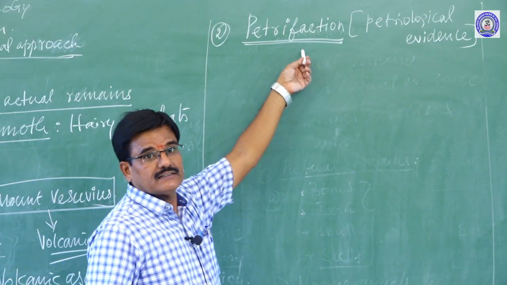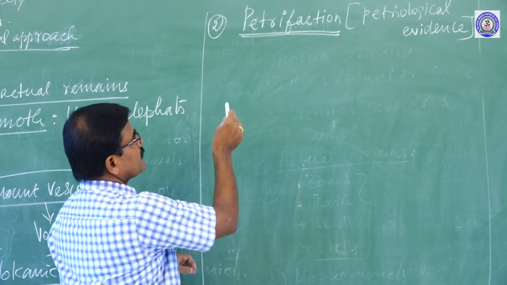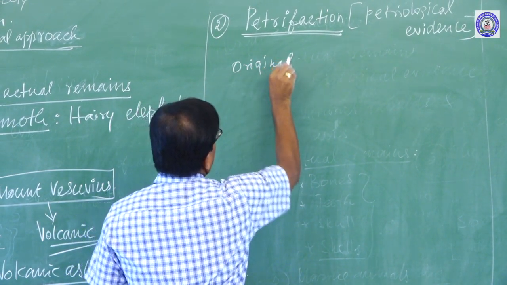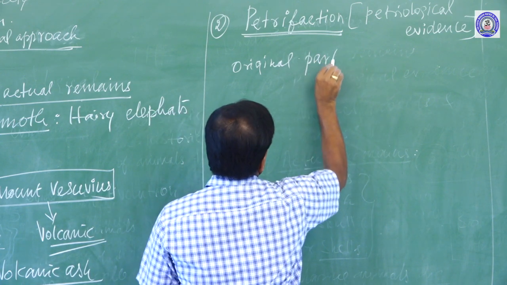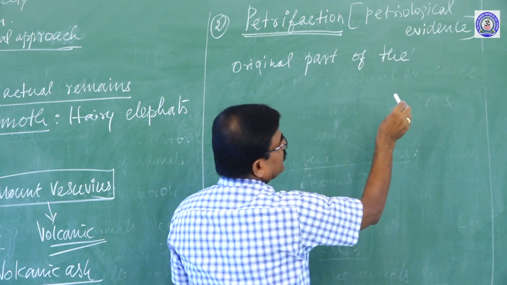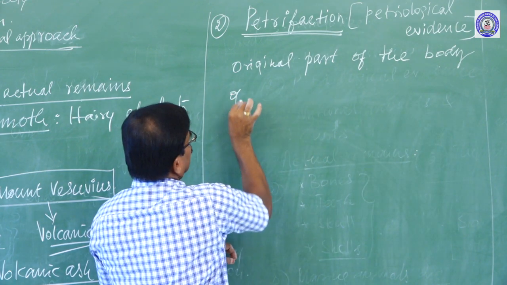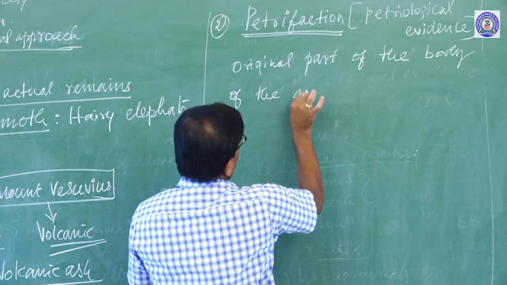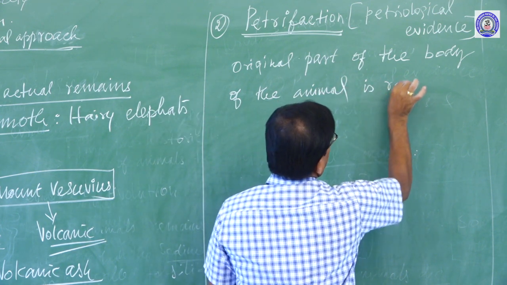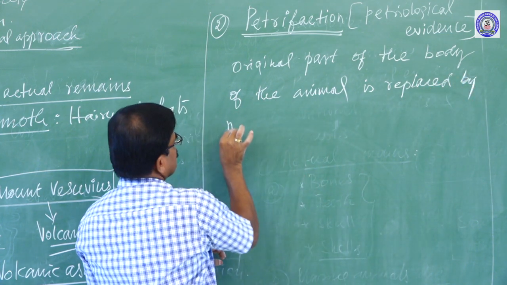Second is petrifaction. Petrifaction: when the animals die, the original part of the body of the animal is replaced by minerals.